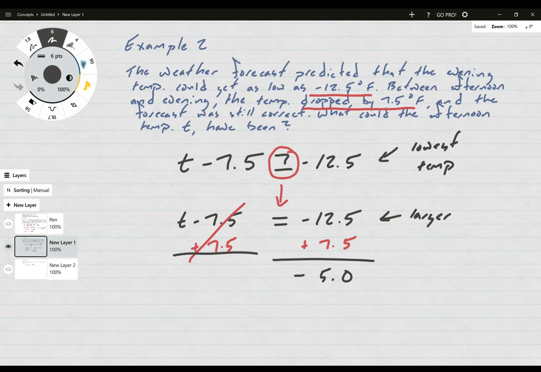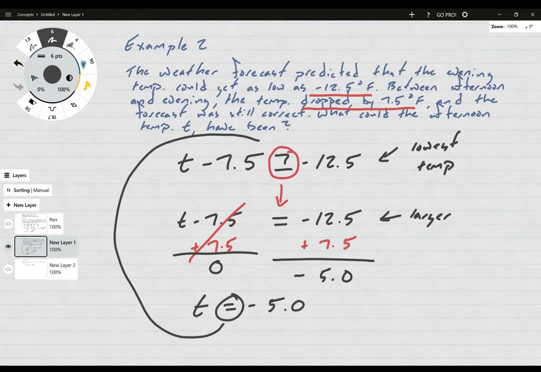So now all I have left is t equals negative 5 degrees. But the question is if it's going to be less than, more than, or equal to. So I just need to change my equal sign back to the original inequality sign.